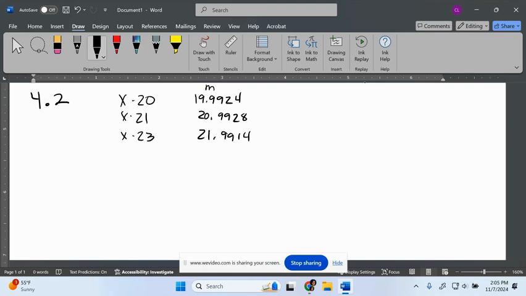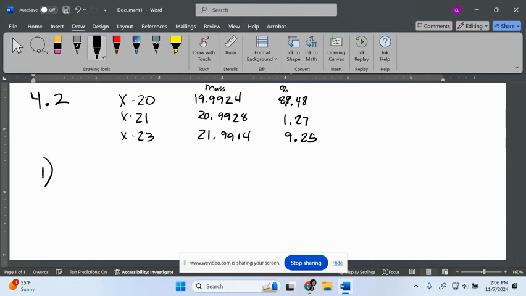This was the mass. This was the percent. Percent is going to be for this first one, 89.487. And then 9.25.